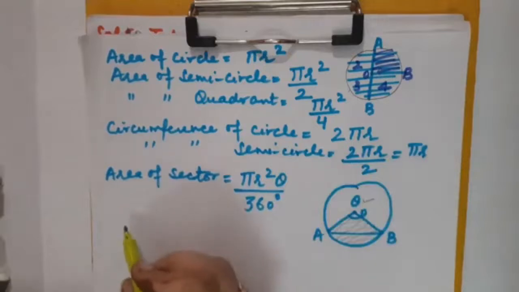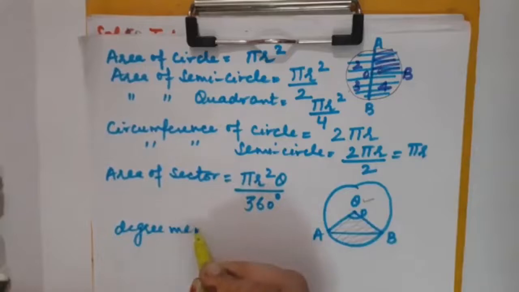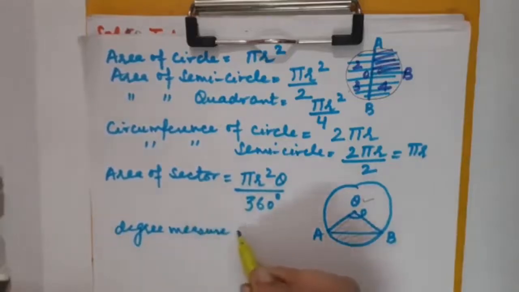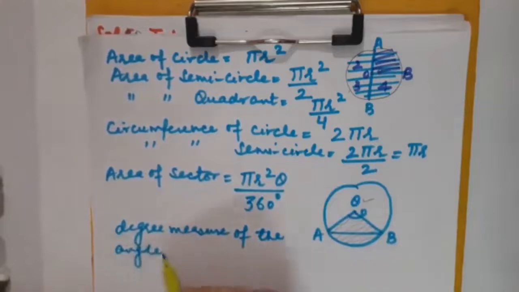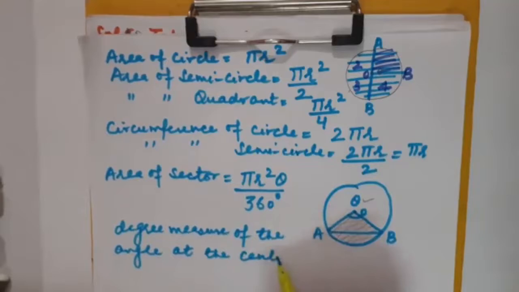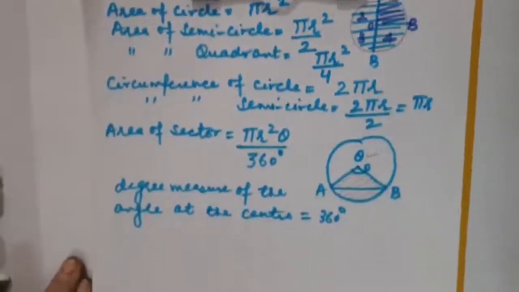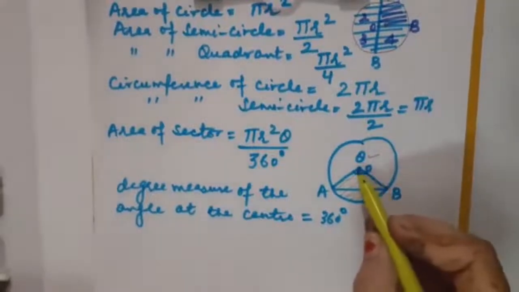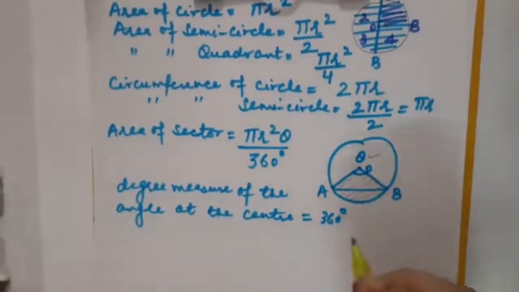When the degree measure of the angle at the center is equal to 360 degree, you consider that the center angle is 360 degree.